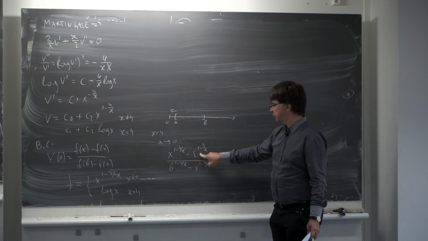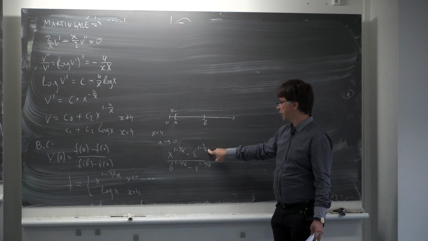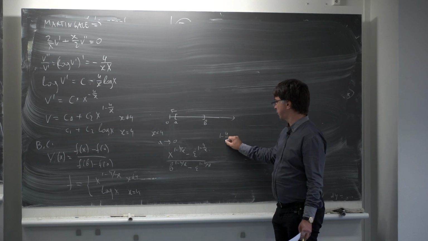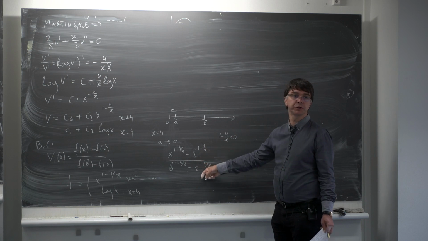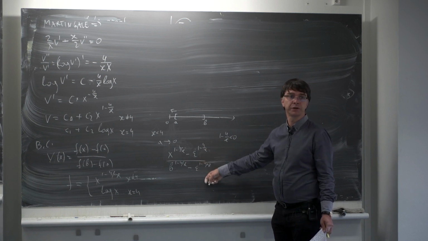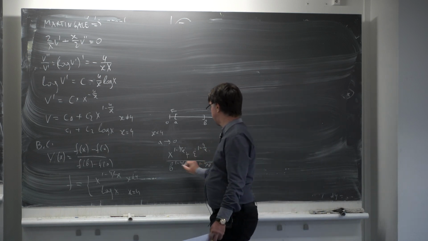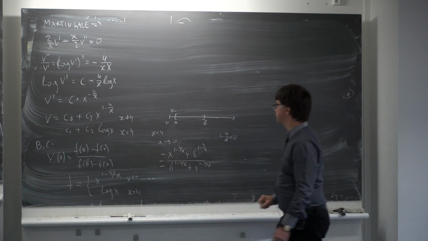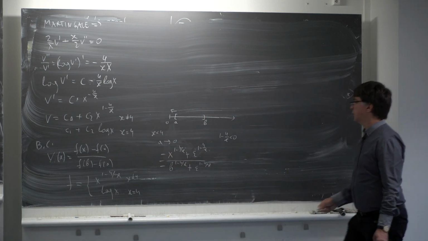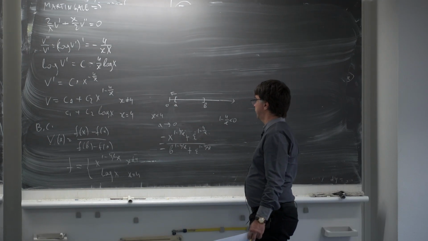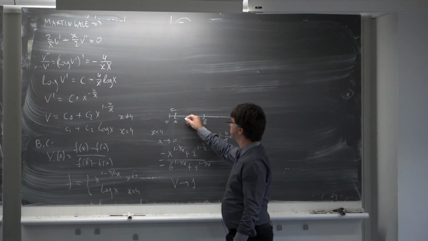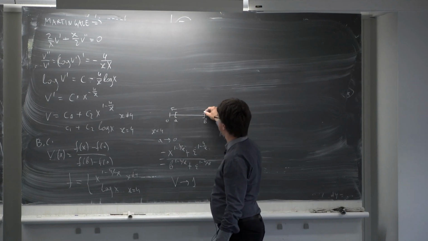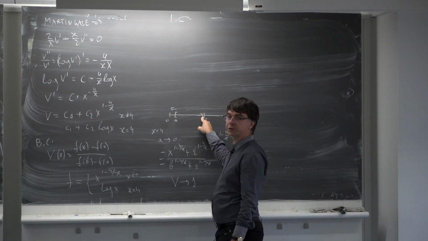Now epsilon to the negative power is a very large number. So 1 minus 4 over kappa is negative, and this is a very large number. So basically we get something which tends to 1. So if a goes to 0, then v goes to 1. So if you take this interval and you move the left boundary, then the probability that you exit through the right tends to 1.